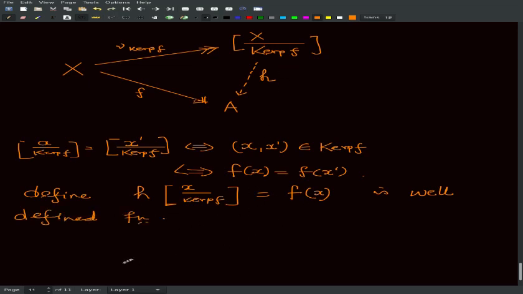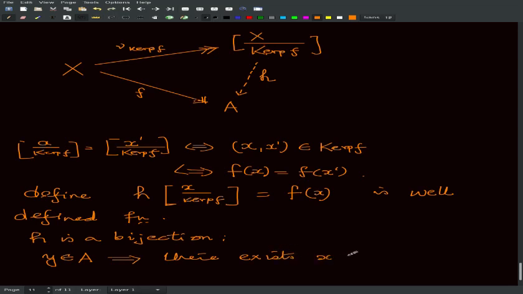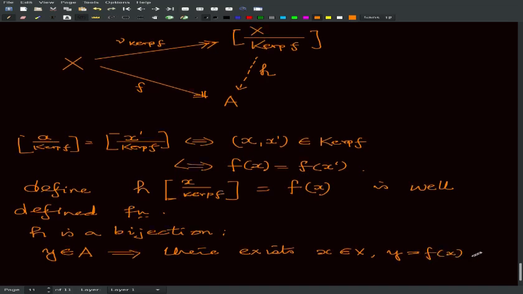Okay. Now I am going to show that H is a bijection. How? For each y, if I take y from A, this implies that there exists an x from X such that y is equal to f of x. Okay?